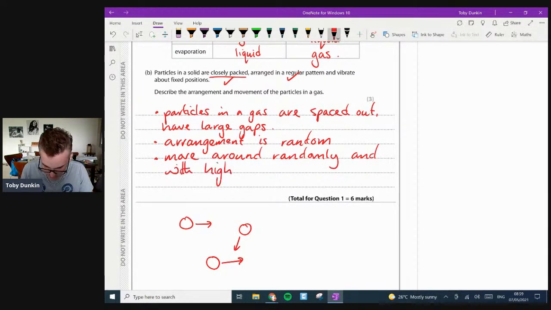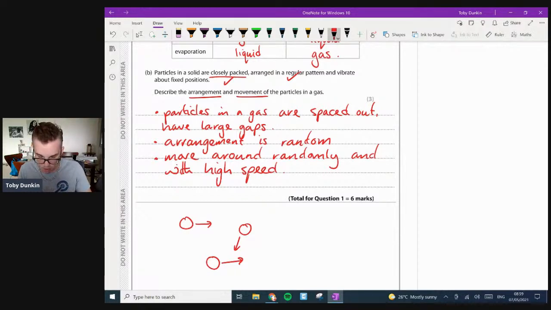Now, can I just point out at this point, lots of students would want to say that they have lots of kinetic energy. This is not going to be a marking point. The reason being is they've asked you to describe the arrangement and movement. Saying something has high energy doesn't mean that it's moving around quickly. If you had a very large, heavy particle, then it would still have lots of kinetic energy if it was moving slowly.